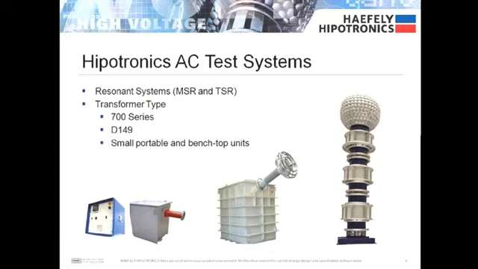We also have the transformer type, the 700 series, which we will focus on later on with the new PLC controller. We also have an ASTM D149 breakdown test system, and then we have the small portable and benchtop units that are used in labs, with much lower current and lower voltage than the other systems.